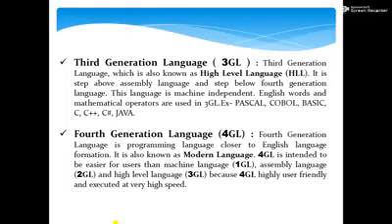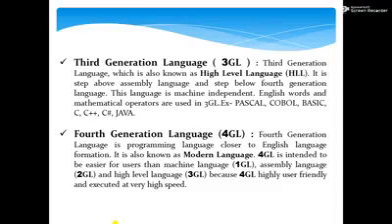Fourth generation language is intended to be easier for users than machine language, assembly language and low level language, because it is highly user friendly and executes very fast. So these are the different categories of languages.